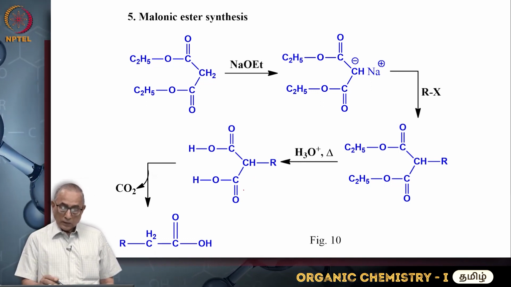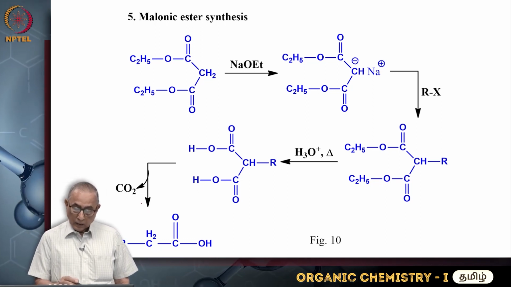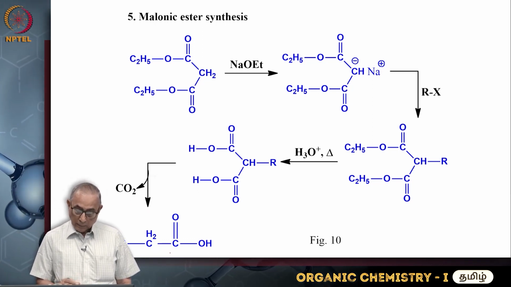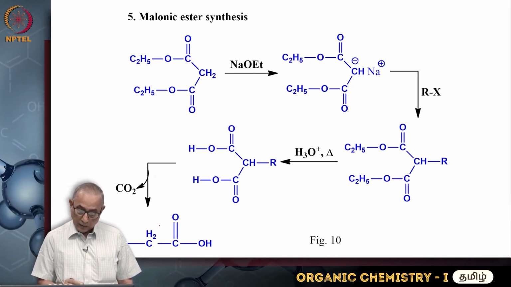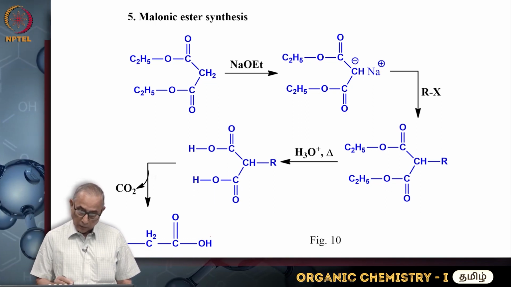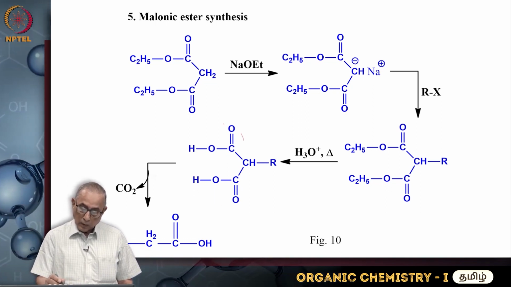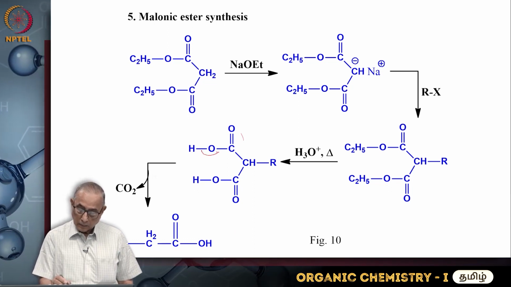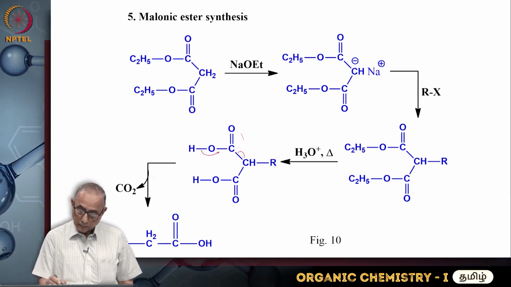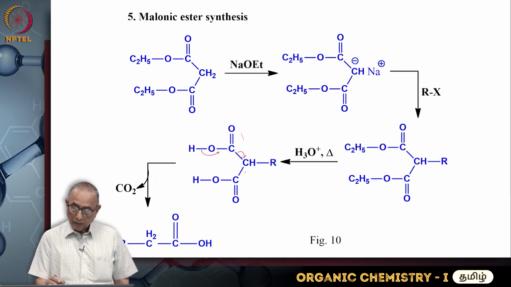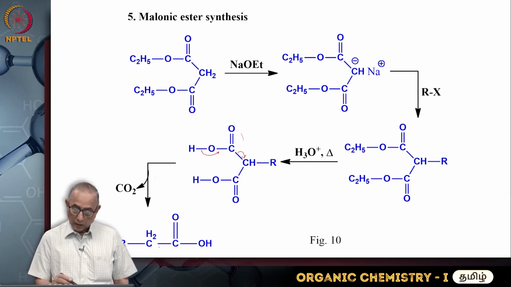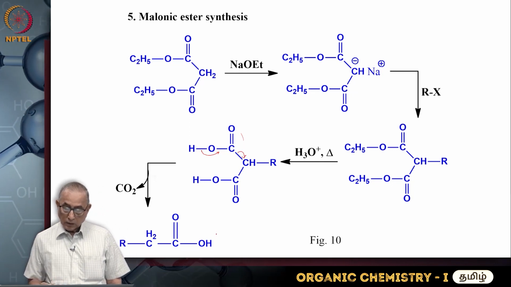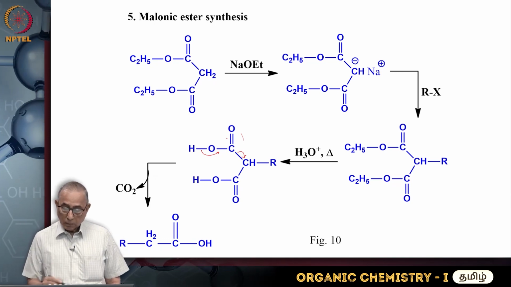Here, if two carboxyl groups are on the same carbon, it will lose a molecule of carbon dioxide and form a monocarboxylic acid, RCH2COOH. The other one will be removed as carbon dioxide. So this will go like this. This will be negative. It will get protonated to form RCH2COOH. This will be removed as carbon dioxide.